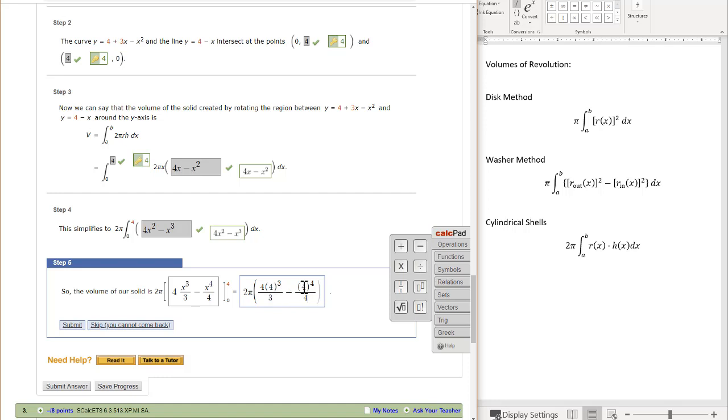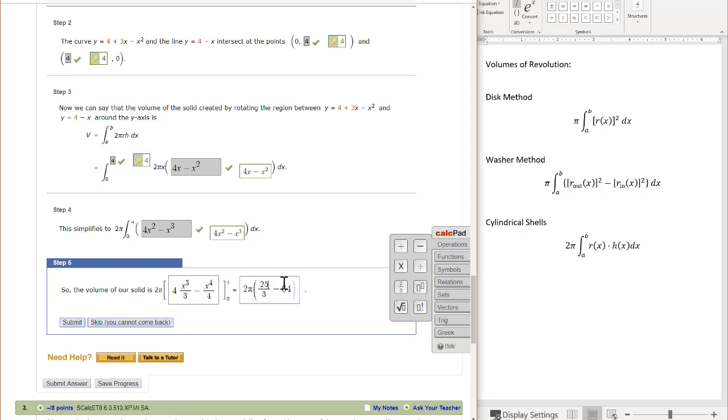We'll simplify this. We can take out a 4 here and make this into a 1. And then this is just going to be 4 to the third, which is 64. And then we have 4 to the third is 64, multiplied by 4, that's 256 over 3.